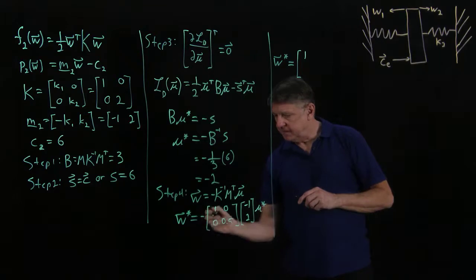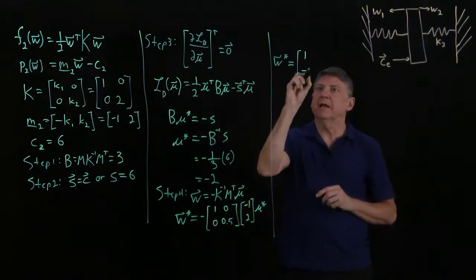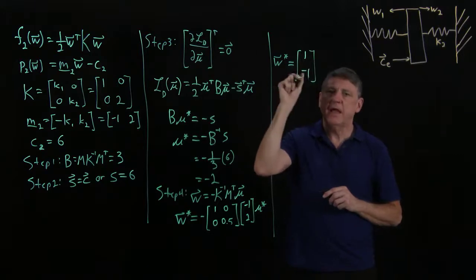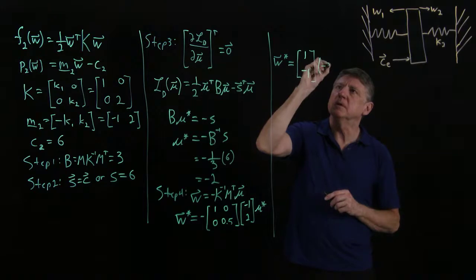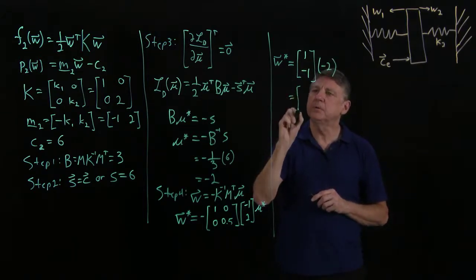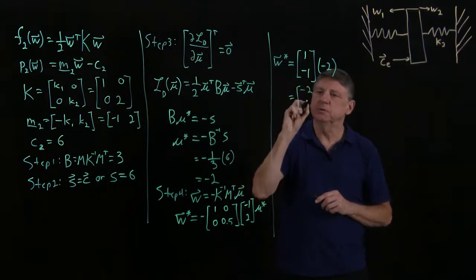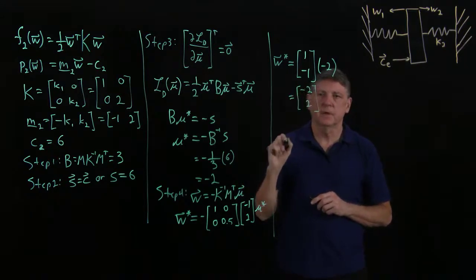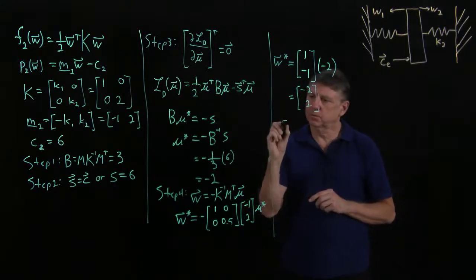This will be minus 0.5 times 2, so that will be minus 1. And the Lagrange multiplier for this problem is minus 2, and that means that our optimal vector is minus 2, 2.